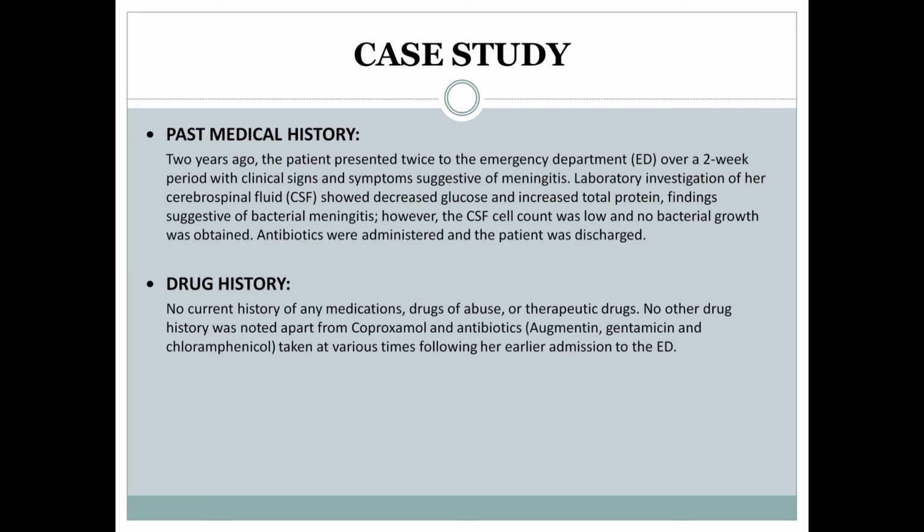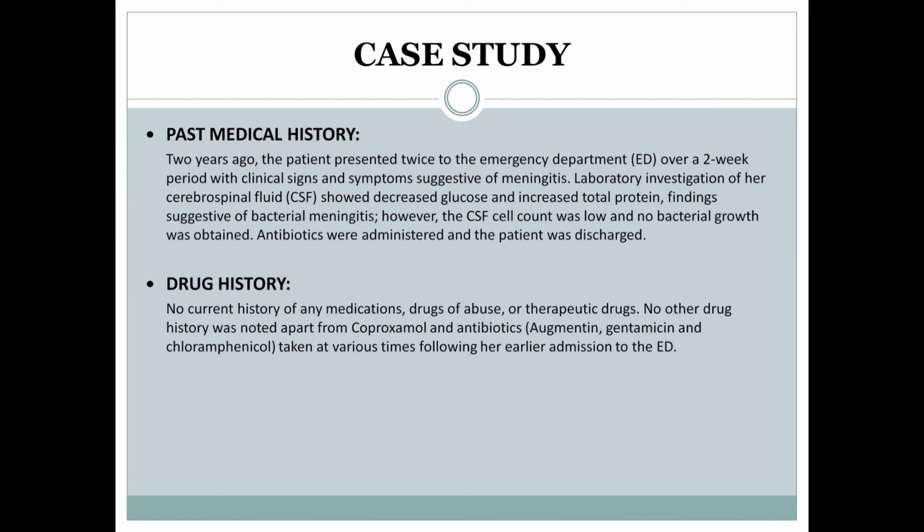Past medical history of the patient: 2 years ago, the patient presented twice to the emergency department over a 2-week period with clinical signs and symptoms suggestive of meningitis. Laboratory investigation of her cerebrospinal fluid showed decreased glucose and increased total protein, findings suggestive of bacterial meningitis. However, the CSF cell count was low and no bacterial growth was obtained.